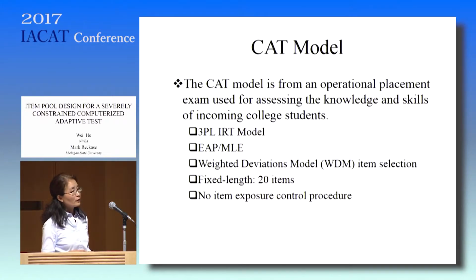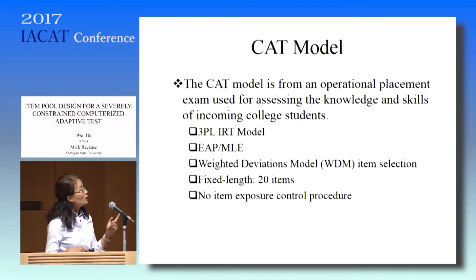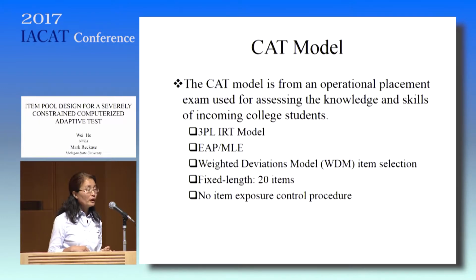Now, specifically for the target CAT, this is the underlying CAT model. It used a 3PL IRT model. The ability estimation method is a combination of EAP and MLE. It used the weighted deviation model for item selection. It's a fixed-length test with 20 items, and no exposure control was considered.